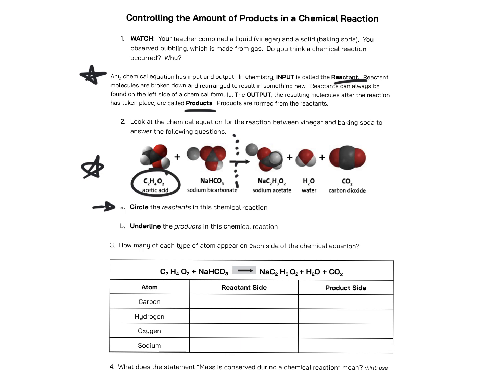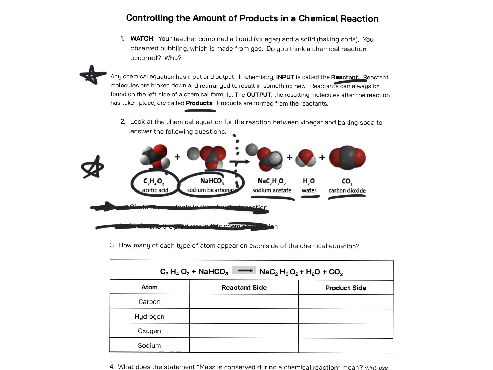So that's going to be the acetic acid and the sodium bicarbonate. Okay, and then underline the products. The products are going to be the things on the right side of the arrow or the dash line that I made. So sodium acetate, water, and carbon dioxide. Okay? So both of these we've taken care of. So I'm going to go ahead and cross those out.